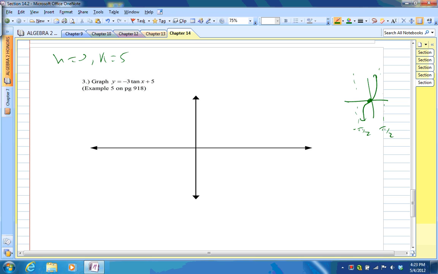So instead of the center being at 0, 0, the center of the graph will be at 0, 5. So 1, 2, 3, 4, 5. B is 1, so period is still pi. So what that means is your asymptotes won't change.